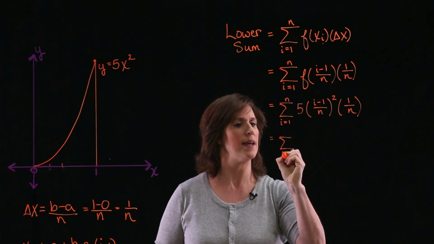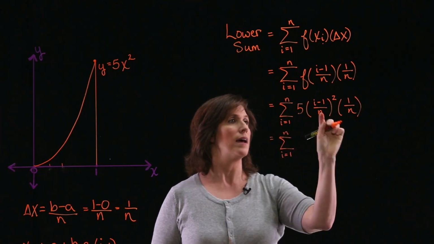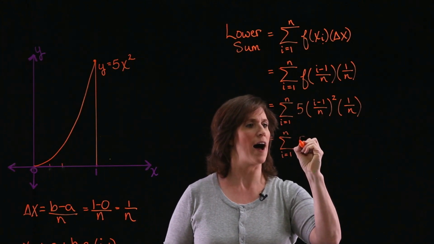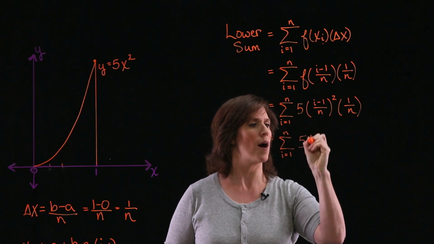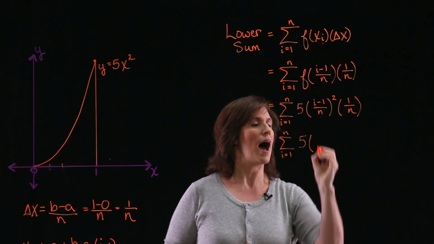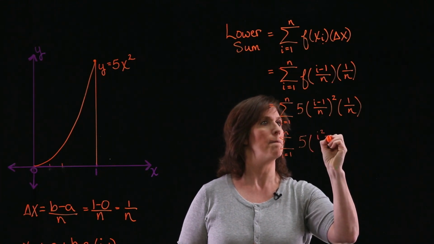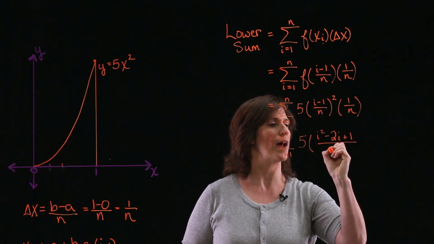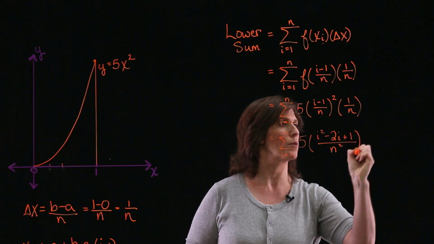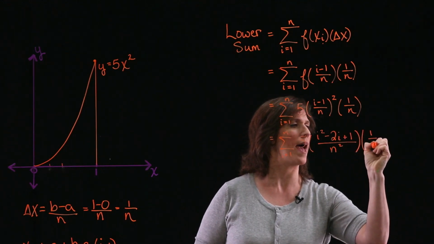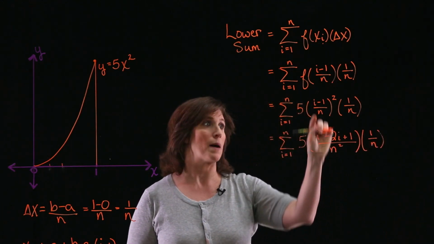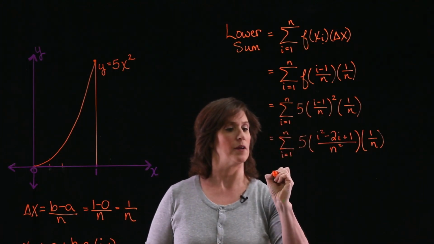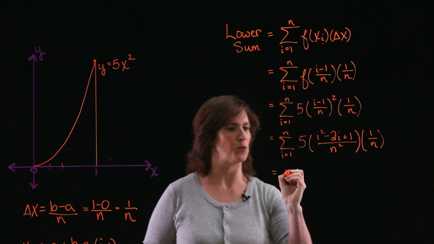I'm going to go ahead and square i minus 1 over n. So I've got 5 times the quantity i squared minus 2i plus 1 all over n squared. And then we're multiplying by 1 over n. I got that numerator by performing FOIL on the quantity i minus 1 squared. Okay, so now a little more algebra.